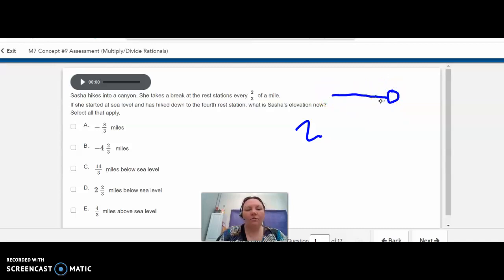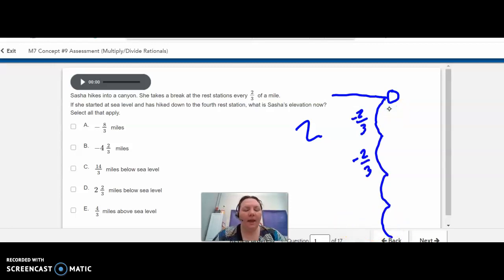And so she's going down in 2/3 intervals. So 2/3, 2/3, and then she goes down another 2/3, and a fourth 2/3. And we want to know how far below sea level she is.